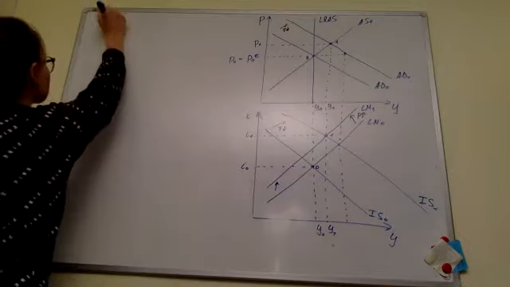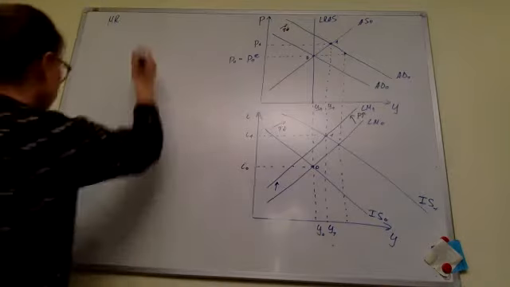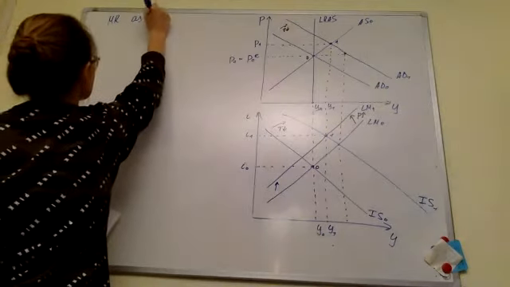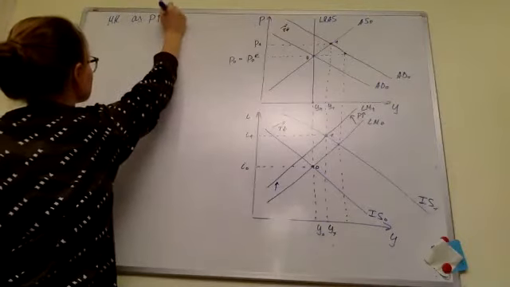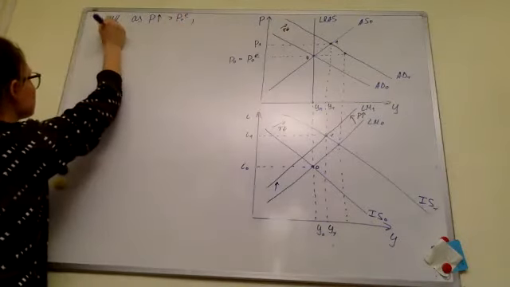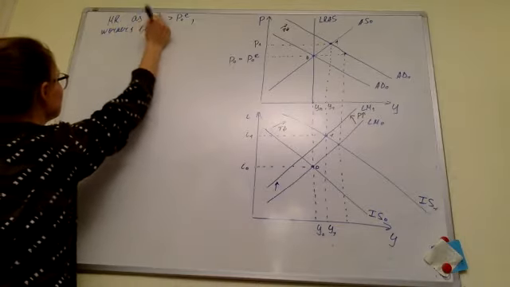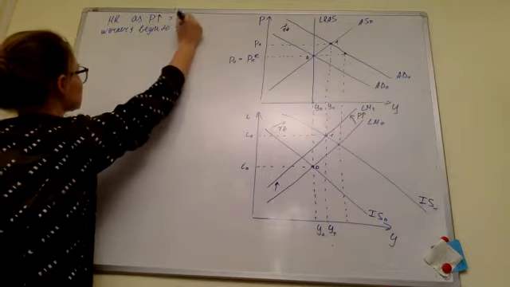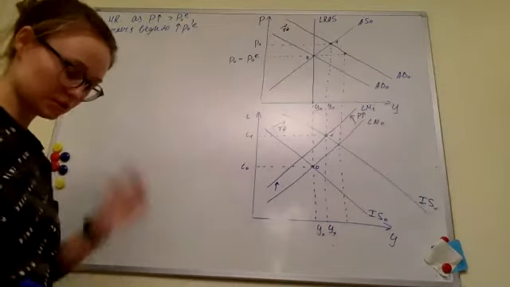And what is happening? Let us discuss. So, medium run. We see that the price goes up, and now it is bigger than expected. So workers begin to increase their expectations.